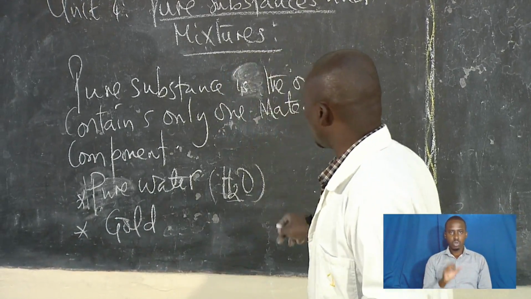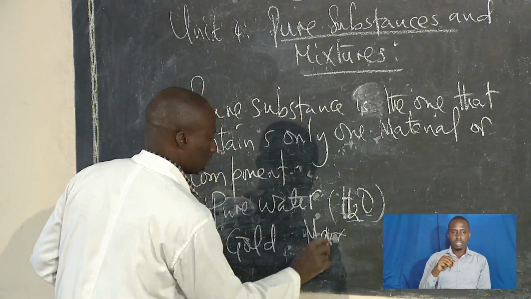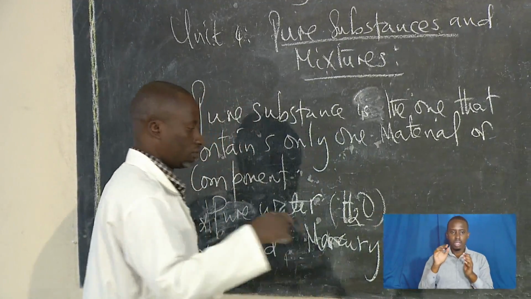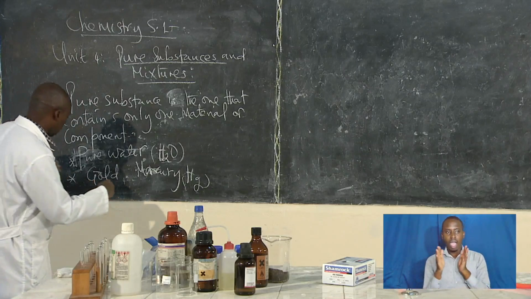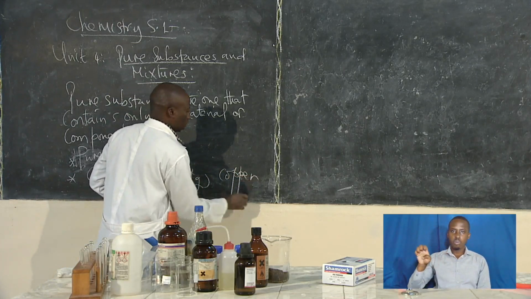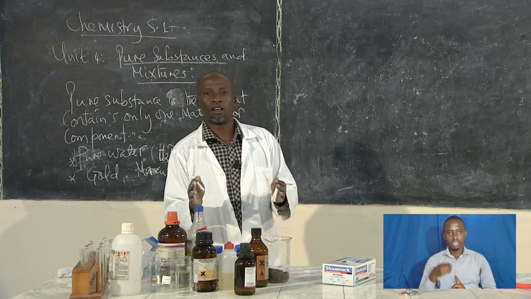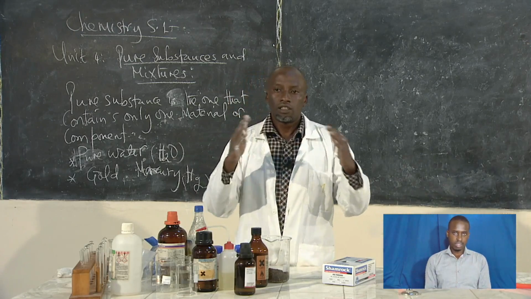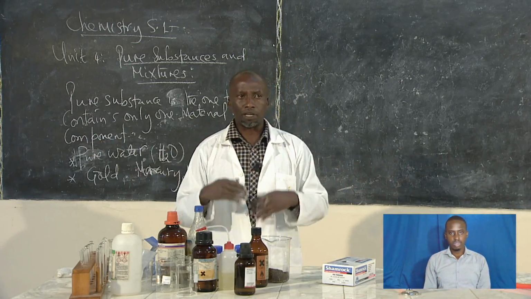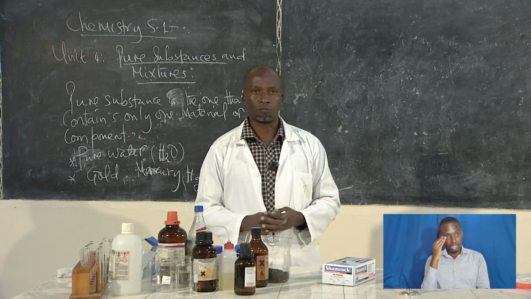So you can talk about gold, mercury, even copper and other elements. These substances may be in pure form. Even other elements that you may know exist in pure form.